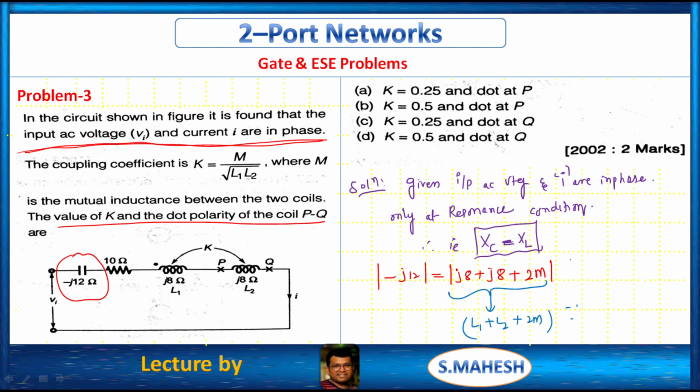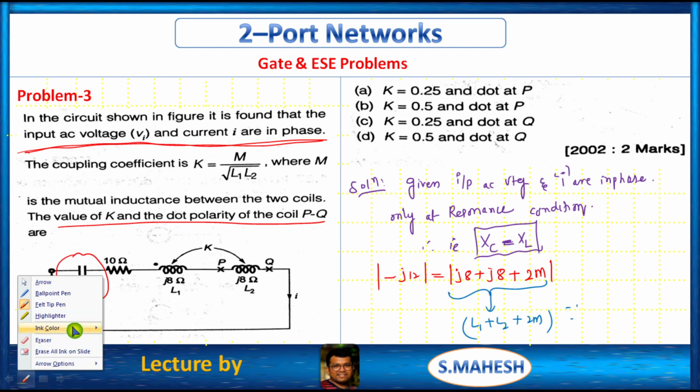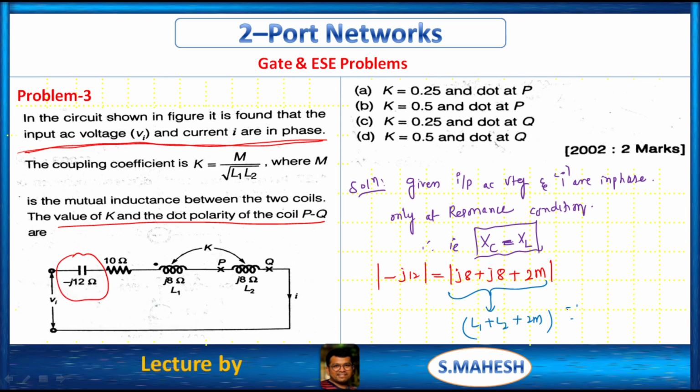Since we don't know the exact position of the dot, assume plus M. That's why we have L1 plus L2 plus 2M, right?